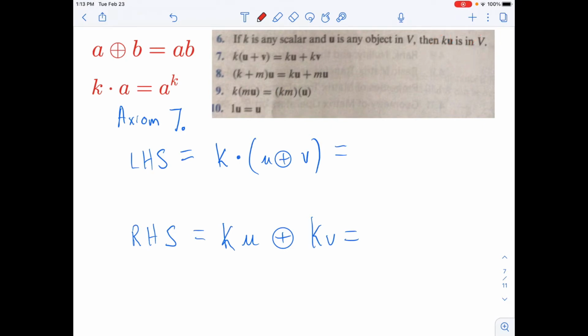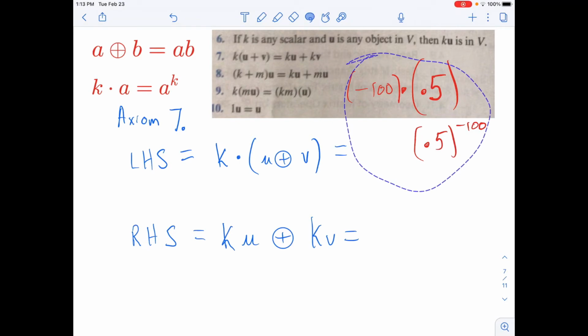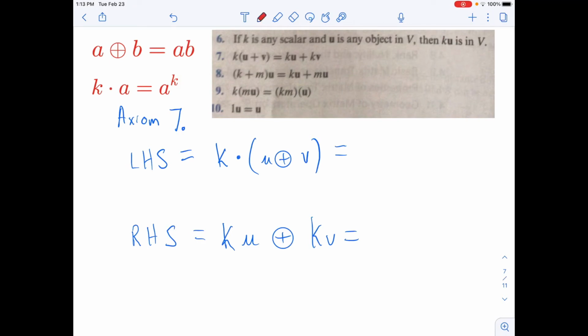If u is a positive real number like 0.5, and we multiply by any scalar like negative 100, this is vector space scalar multiplication, then we're looking at 0.5 to the power of negative 100, and we want to know if that's a positive real number, and it is. Okay, so axiom 6 is not that interesting, so let me just move that away. It's just saying that if you do these operations, you stay inside of your set.